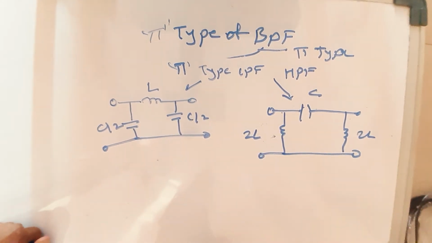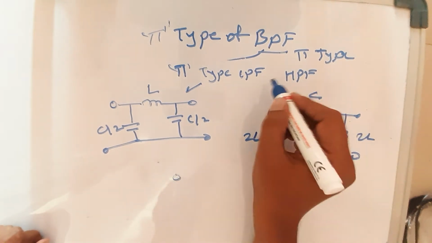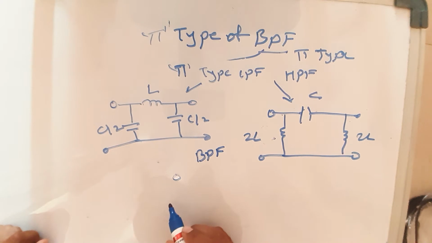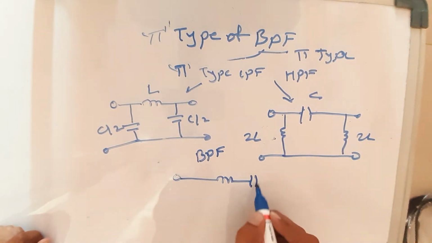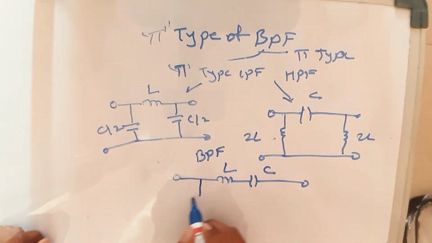Okay, now combine this will form the band pass filter. Okay, how we will combine this? Series arm, there are two components L, C, and shunt arm have two components. This will be in parallel.